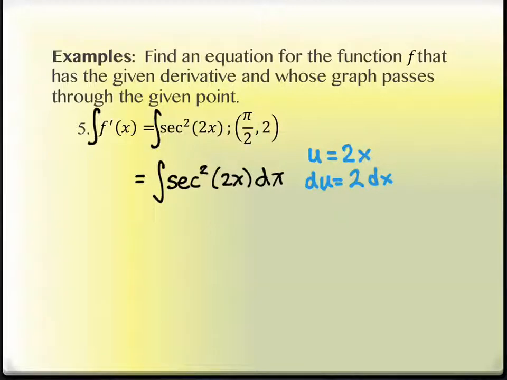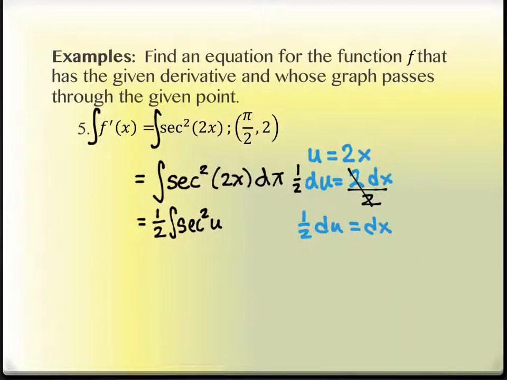So kind of like what I was doing on the other problems, moving the 1/2 or the 2 to the other side, so that I end up with 1/2 du equaling the dx is what will end up happening. So back in the original problem, a very clean 1/2 goes out front, and then I have the secant squared of u du.